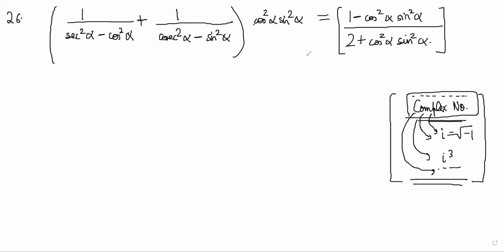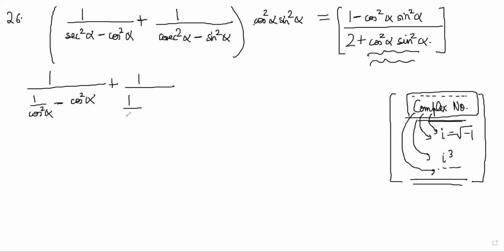So this question, for example, again, here there is cos and sine and all, right? And here there is sec and cosec. I don't care about sec and cosec. I'll convert to cos, so convert to cos and sine everywhere. So this becomes 1 by cos square alpha minus cos square alpha. And this becomes 1 by sine square alpha minus sine square alpha.